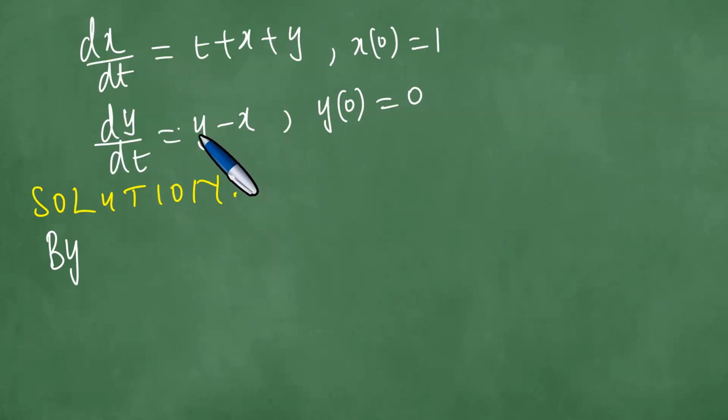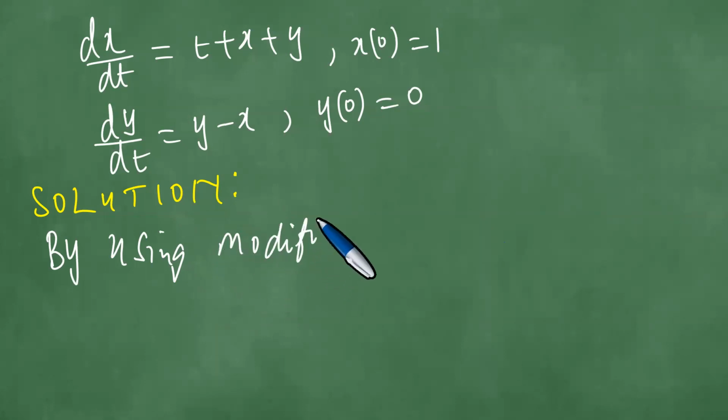X, y, and t. So we're just discussing now, if there are two differential equations or three or four of them, they form a system of differential equations, which we solve by using the modified Euler method.